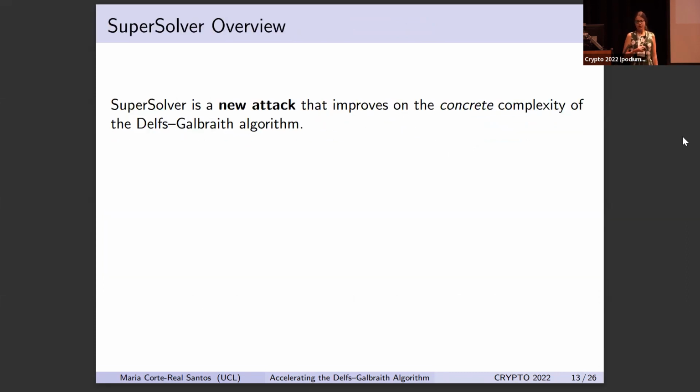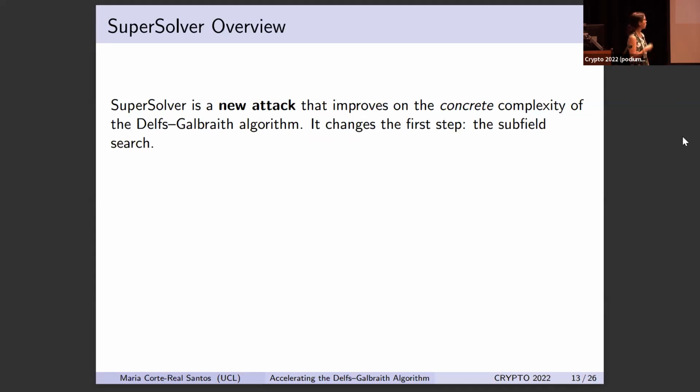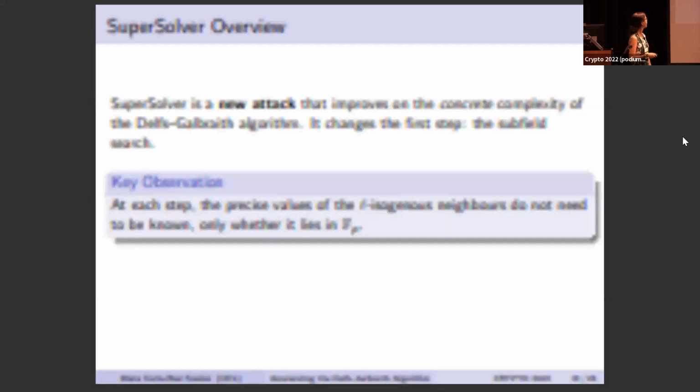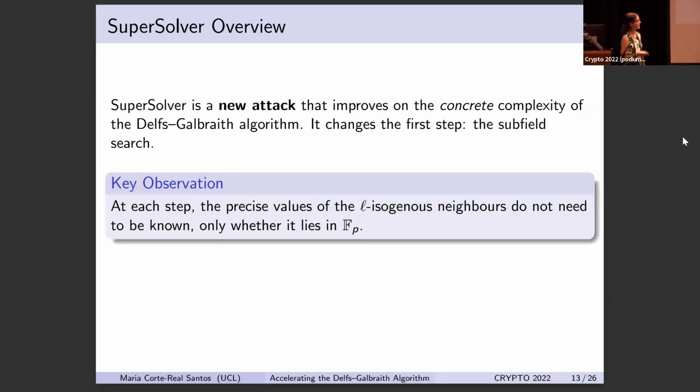Okay, so now to go on to the new attack, we changed the first step, the subfield search. And the key observation that we made was that at each step in the 2-isogeny graph, you're not interested in the precise values of the neighbors in the L-isogeny graph.